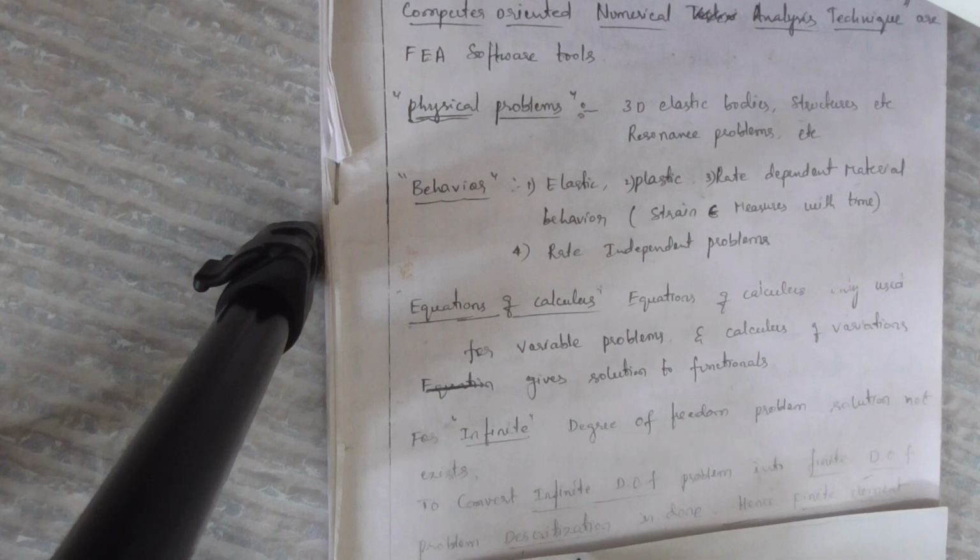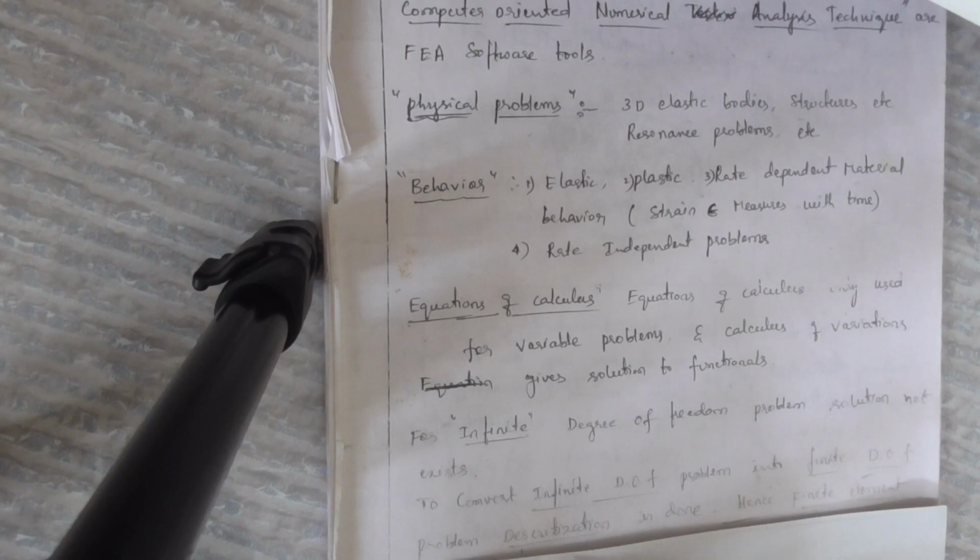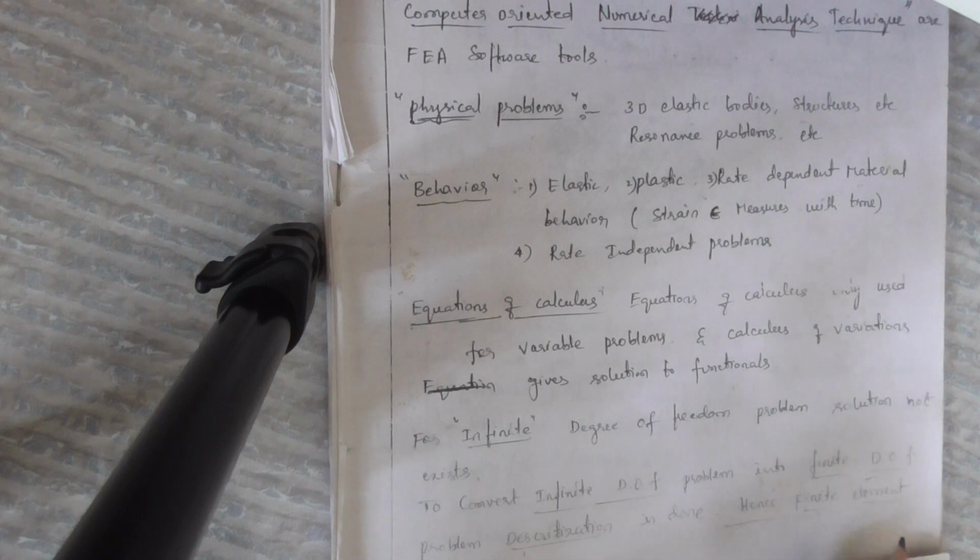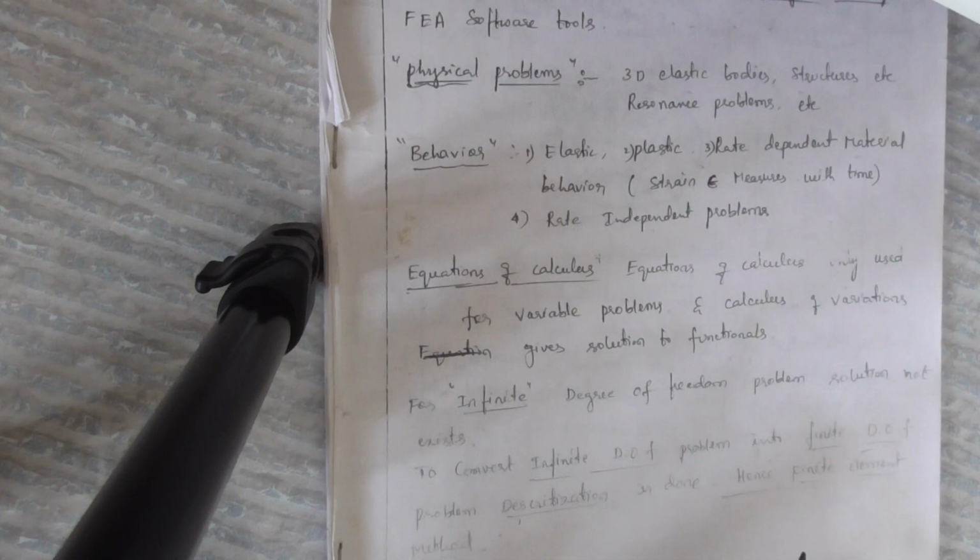It is nothing but dividing the given physical problem or region into a finite number of elements. That is called discretization. Hence, the finite element method came into existence.